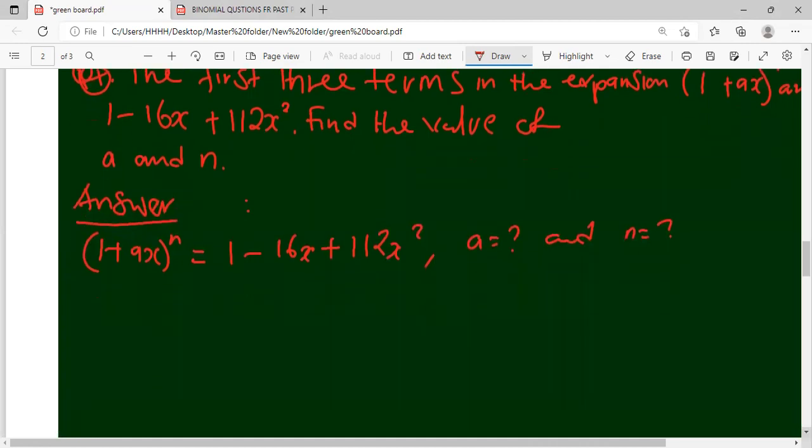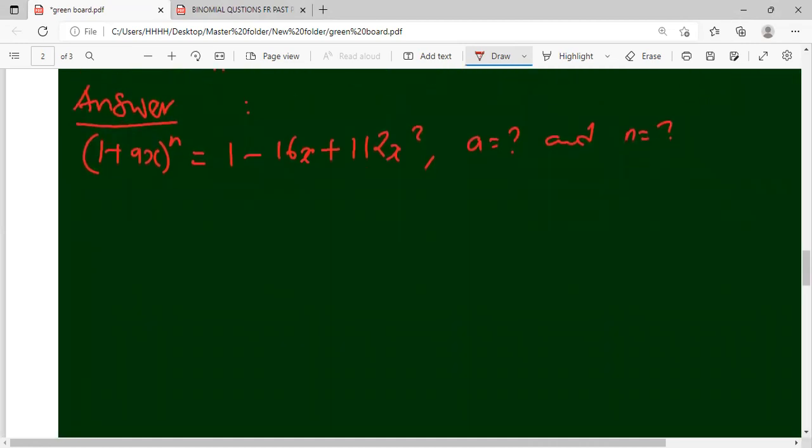we're going to expand using the binomial theorem.